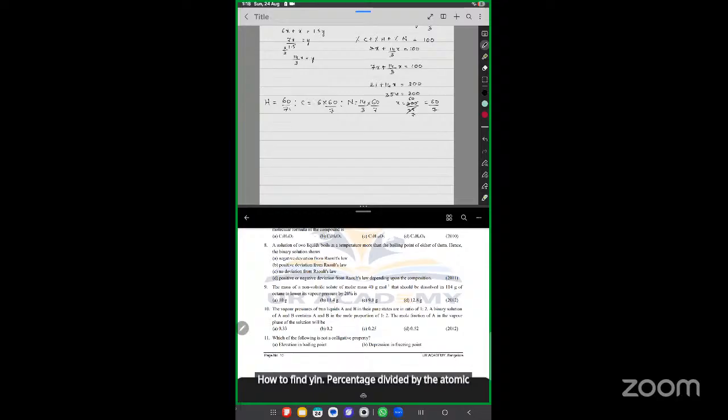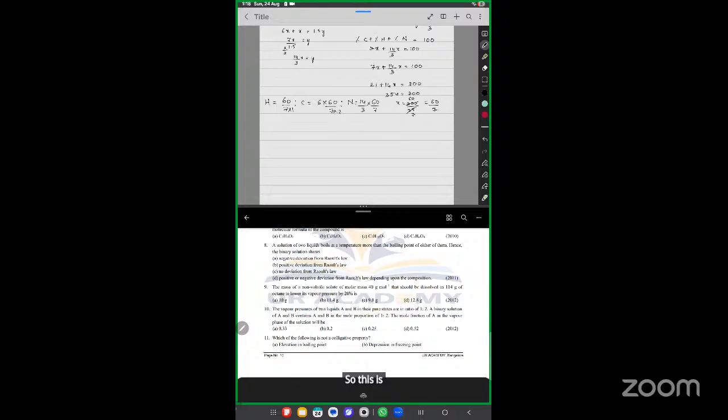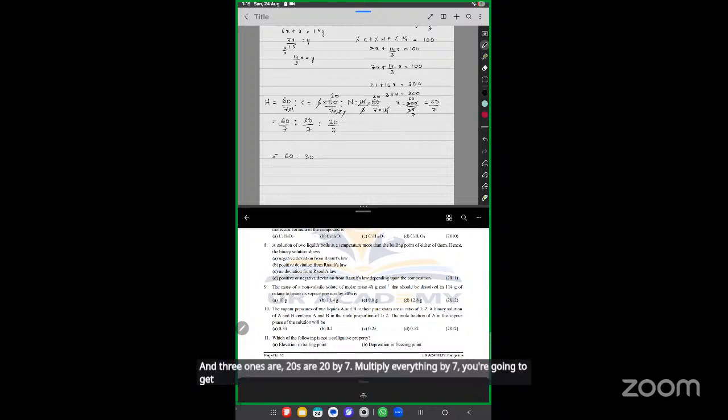So carbon is 60 by 7 by 12 and nitrogen is 14 by 3 into 60 by 7 by 14. Carbon comes to 30 by 7, the 14s cancel and nitrogen is 20 by 7. Multiply everything by 7, you get 60 is to 30 is to 20. Taking the ratios, we have 6 is to 3 is to 2.